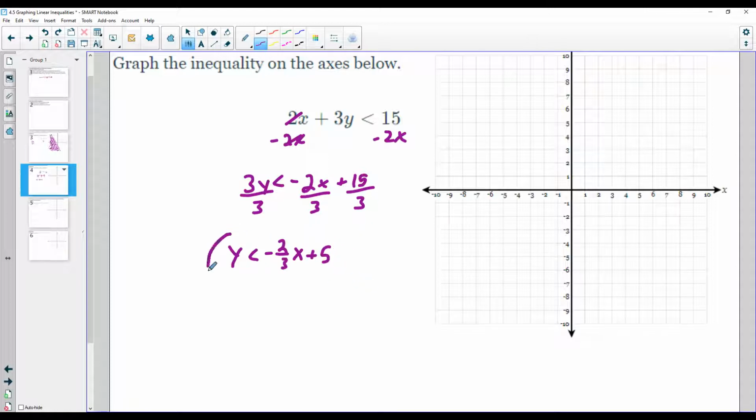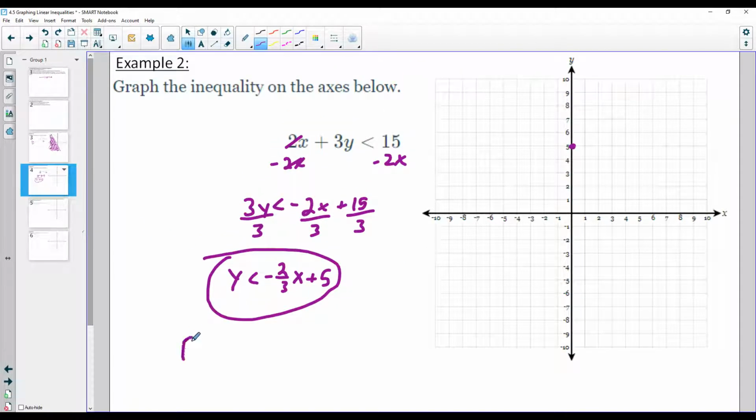Now I can graph this. Our y-intercept is up at 5, and our slope is negative 2/3. So our rise over run comes in: we go up 2 and run over 3. I'm going to go to the left since we have a negative slope and I want it to end up facing down.